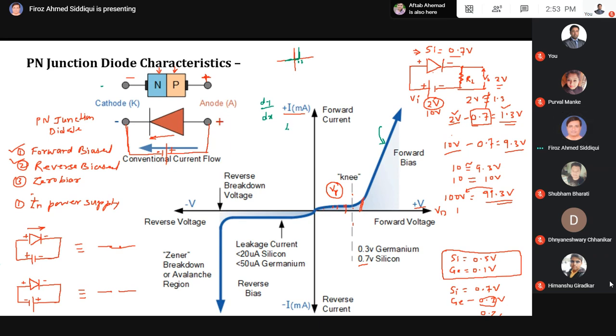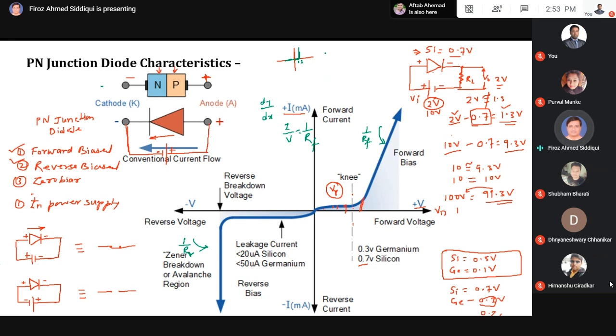So it is I by V, and I by V is 1 upon r. What is this r? This is rf in forward bias condition. So this slope is 1 by rf, and this slope is 1 by rr, that is the resistance of the diode in reverse bias condition. This is the practical diode.